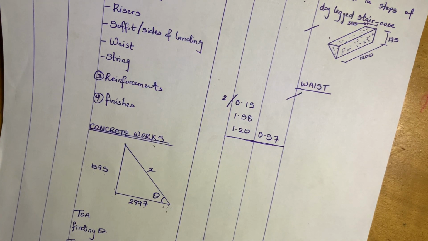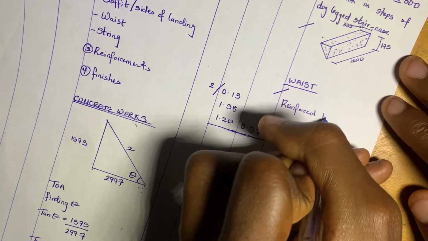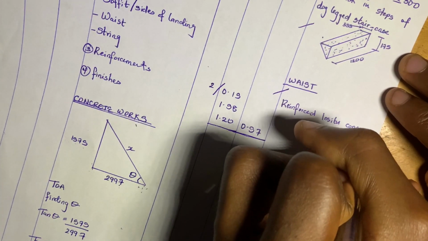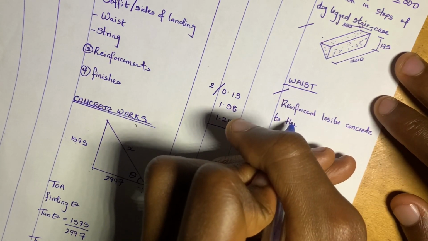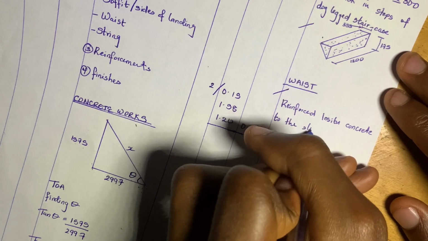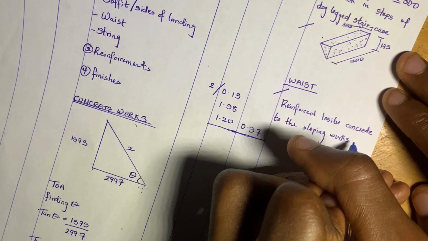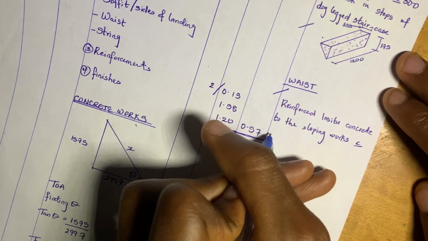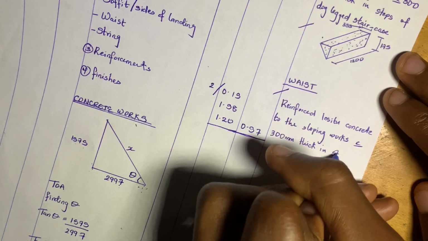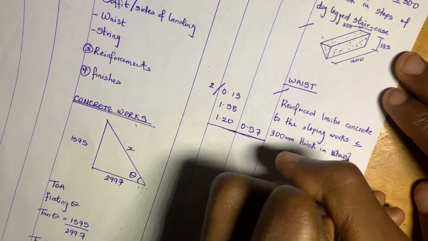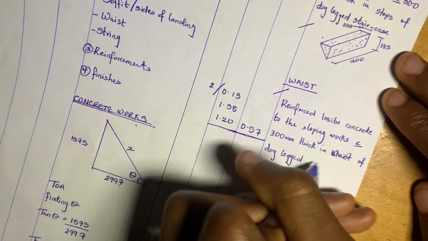Then you now describe by saying: Reinforced in situ concrete to the sloping works less than or equal to 300 mm thick in step in waist this time of dog-legged staircase.